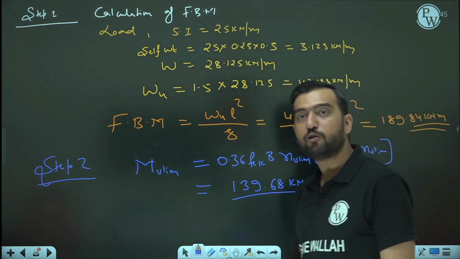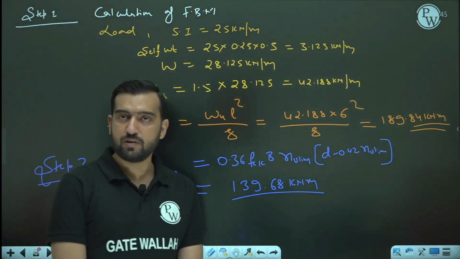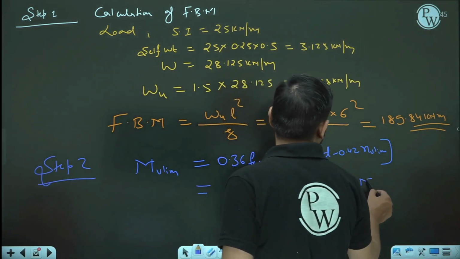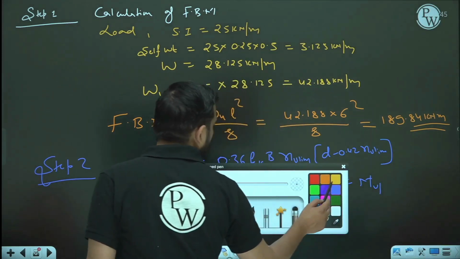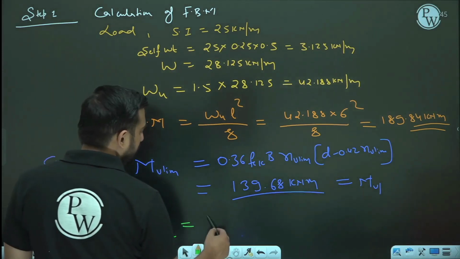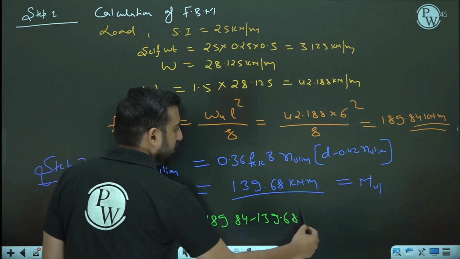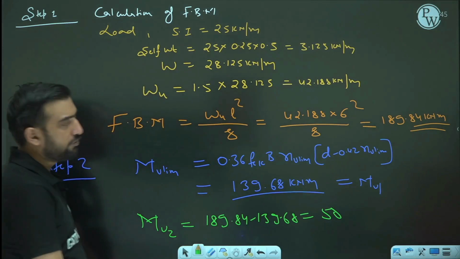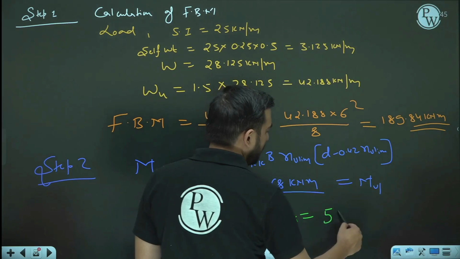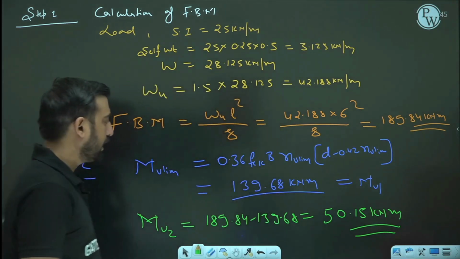So for 139.68 we are going to calculate Ast1, and for the excess bending moment, you can keep Mu1 equal to Mu lim, and Mu2 is 189.84 minus 139.68, which comes to 50.15 kilonewton meter.